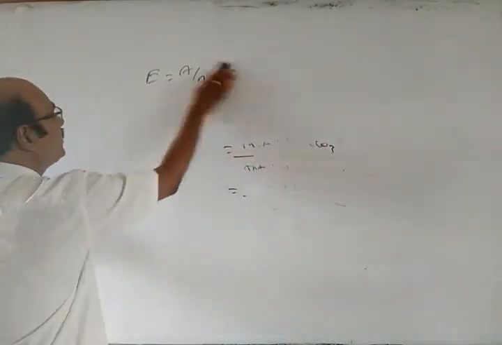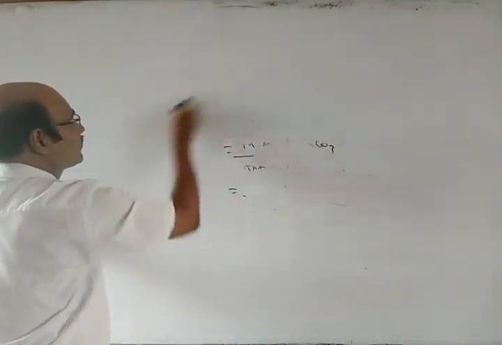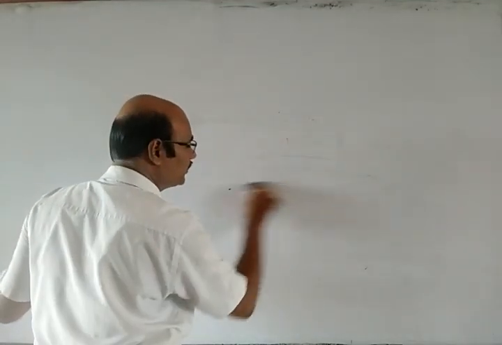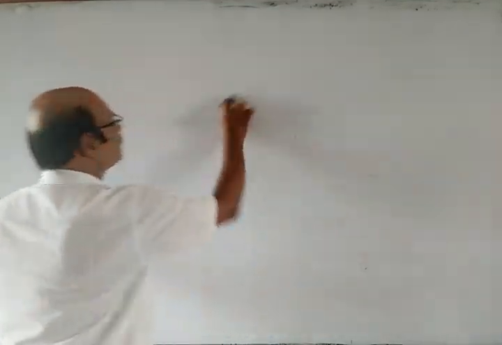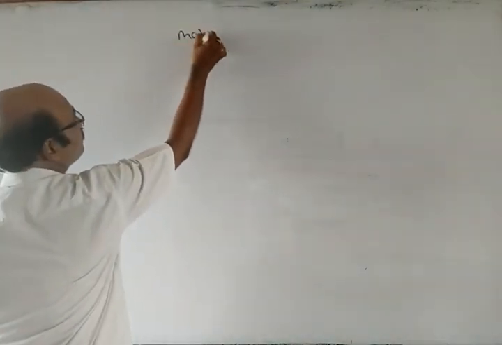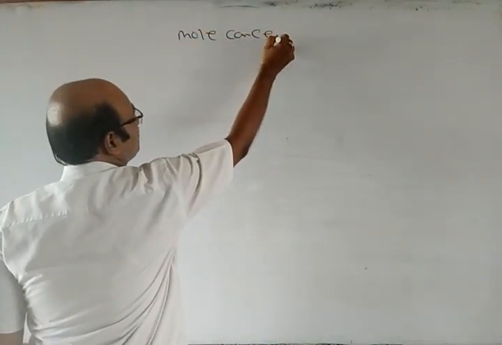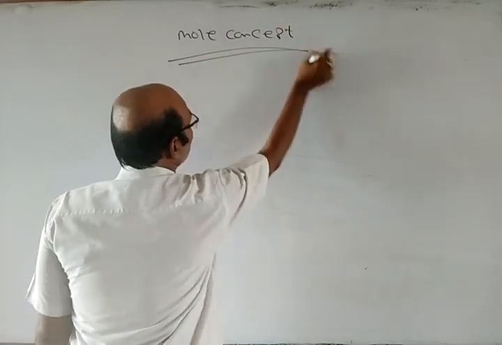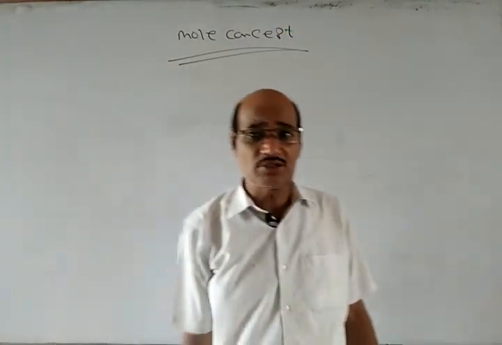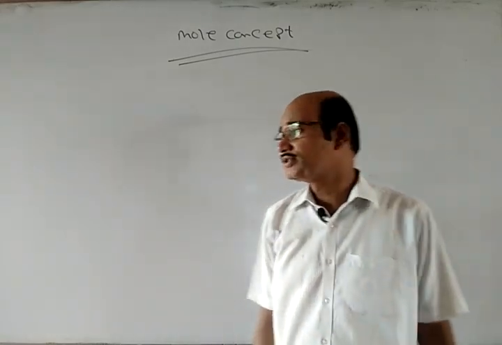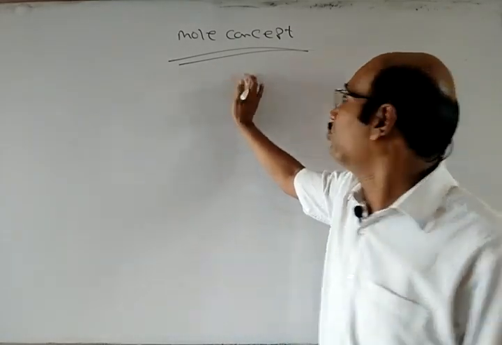Now, today we will discuss an important topic called the mole concept. We will discuss what the mole concept is. This is an important topic of chemistry. What is a mole here?